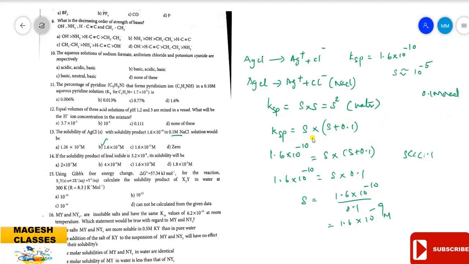So KSP is S into S, where S is for Ag plus and S plus 0.1 is for chloride. When comparing 10 power minus 5 and 0.1, it is very small, so we can neglect S. So the S value will be 1.6 into 10 power minus 9 M on substitution.